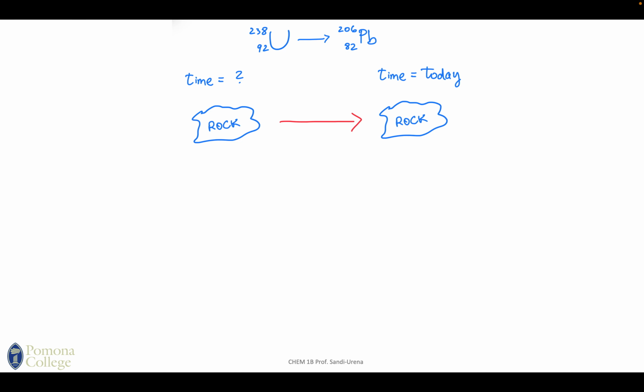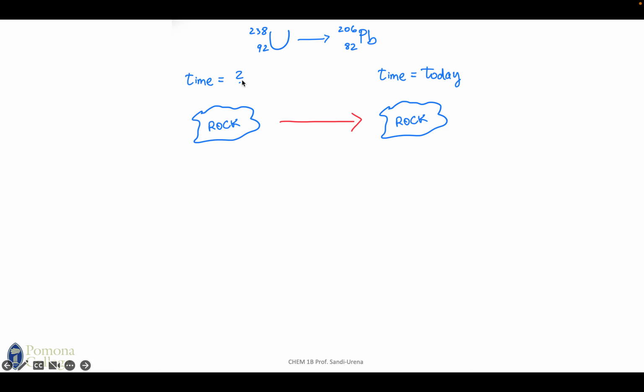Let's say we have rocks. I don't know, we could look at the carbon-14 of a rock. But let's say we have rocks. And let's say we cannot use carbon-14. So we're going to use uranium-238, which decomposes to lead-206. We have this rock that we find today somewhere in the garden, and we wonder when that rock was formed.